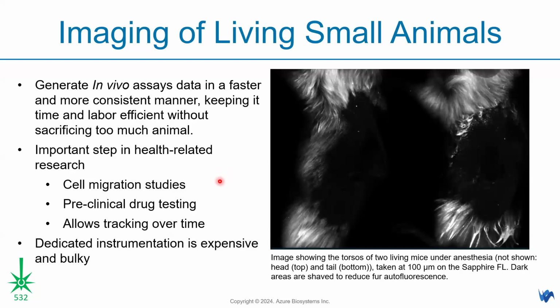So you can study a lot of things, like cell migration, preclinical drug testing, trafficking of a compound or dyes over time, or localization of your protein of interest. Okay, so here we're looking at the mouse, or rodent, as a general example of living small animal imaging in Sapphire FL.